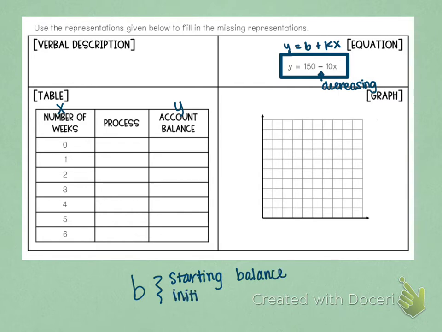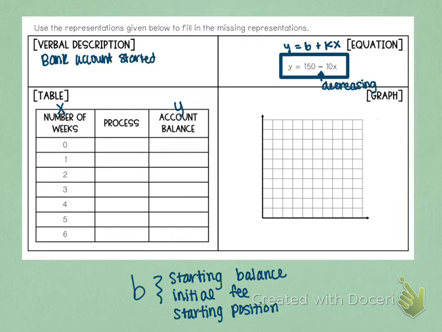Initial fee. Starting position. Okay, so if that's what that represents, that means that if we're talking about bank accounts and account balances, the bank account started at $150.